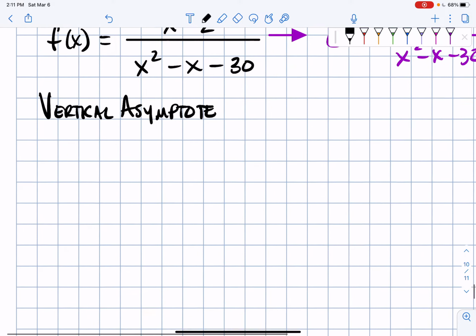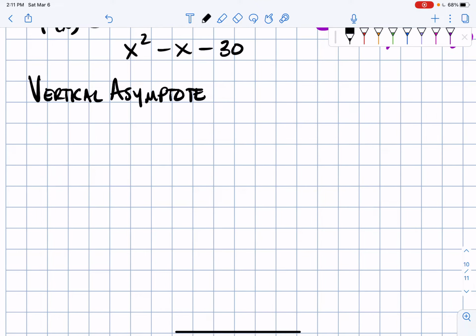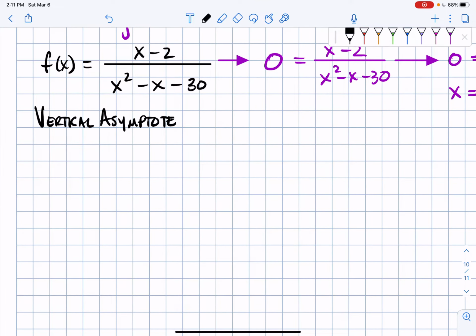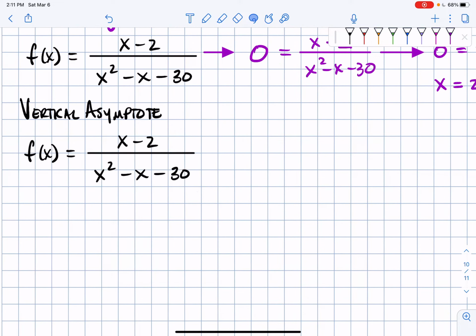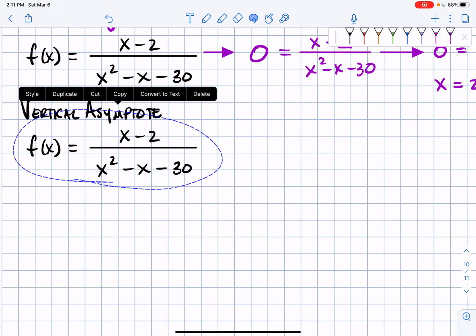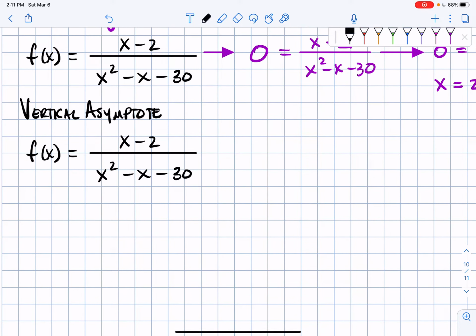Okay, and for the vertical asymptote, I need to go ahead and factor. So first thing I gotta do is paste this right here. So let's go ahead and factor this. So f of x is equal to x minus 2 over x minus 6, x plus 5.